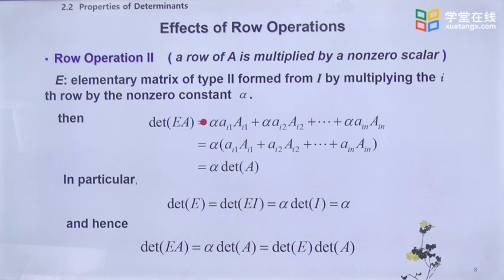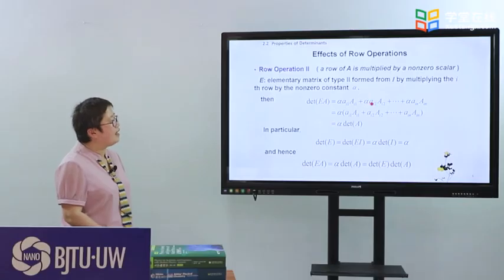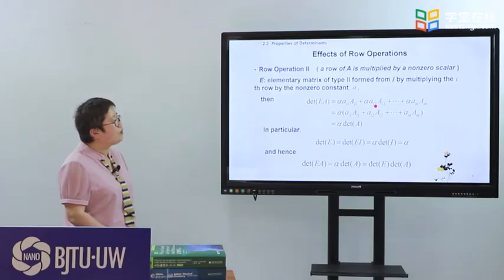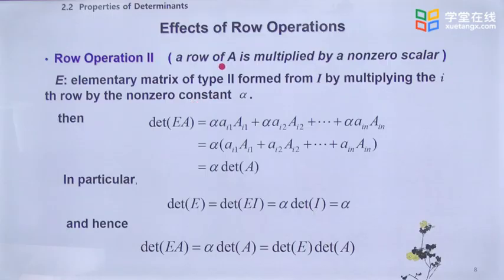We get the entry alpha times Ai1 times its cofactor, capital Ai1, plus the entry alpha times Ai2 times its cofactor, capital Ai2, plus and so on, plus alpha times Ain times its cofactor, capital Ain.